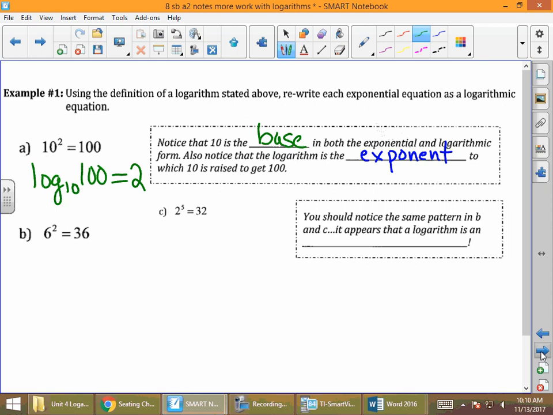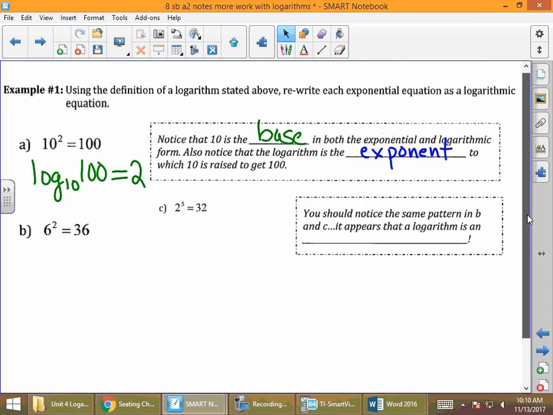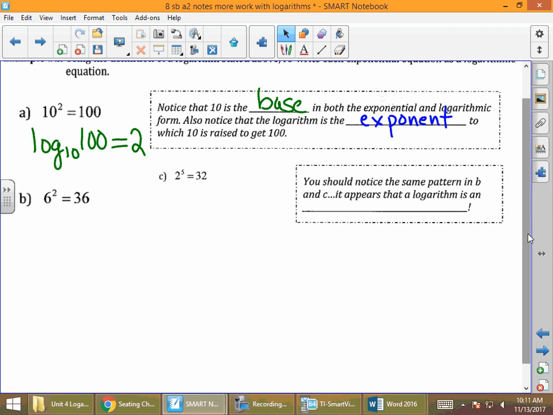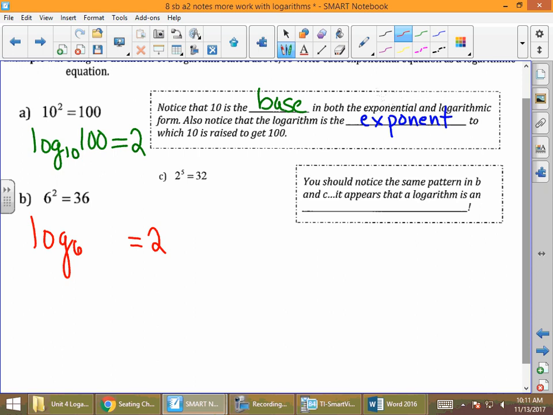So when we take a look at letter B, 6 squared equals 36, we can write our logarithm here, and we can write down what it equals. And once again, it equals 2, because 2 is the exponent in this problem. And it's 6 to the 2. 6 is the base, so drop that 6 down a little bit when you're writing.